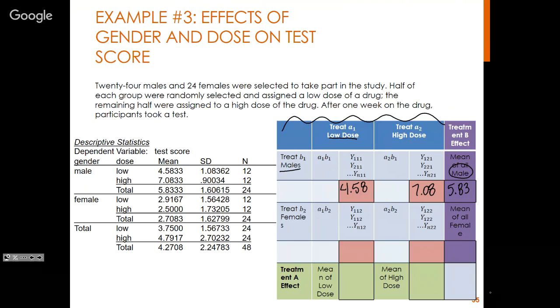Now for the female, what is the average of the low dose? 2.92. And what about the high dose? 2.50. And what about overall female? 0.71. And then what about the overall low dose mean? And the overall high dose mean? And grand mean.